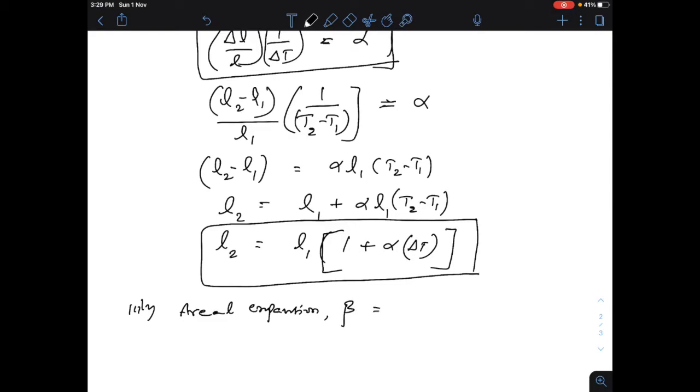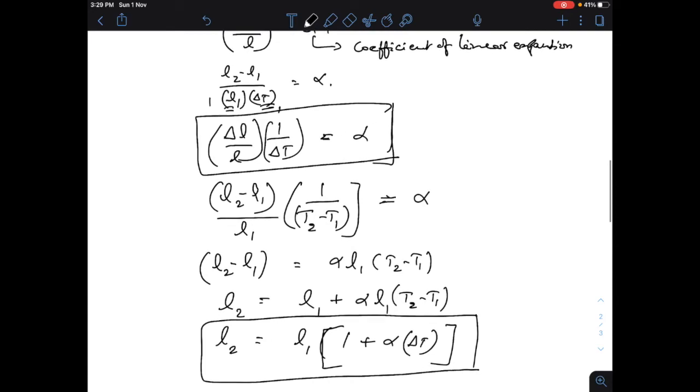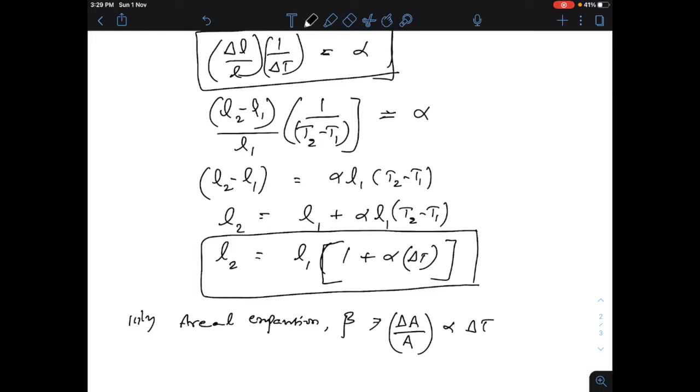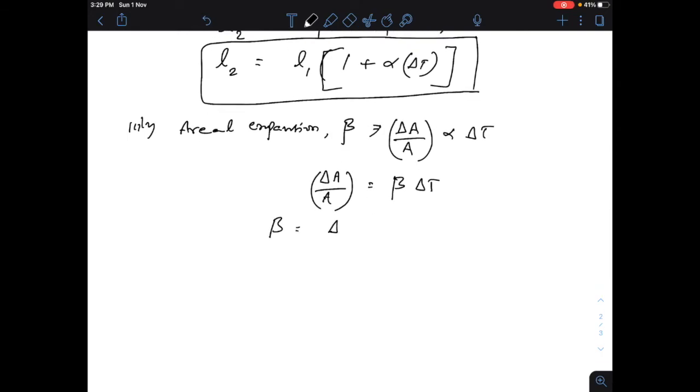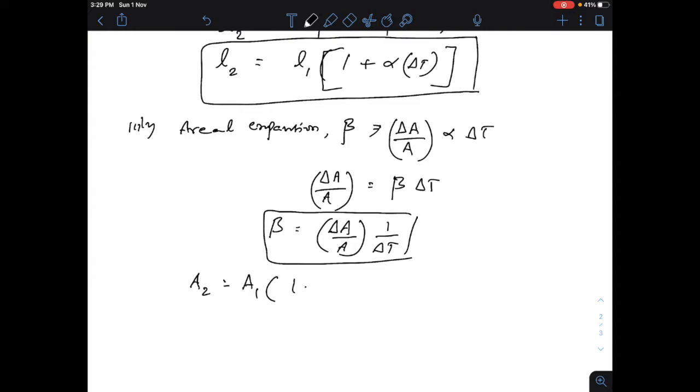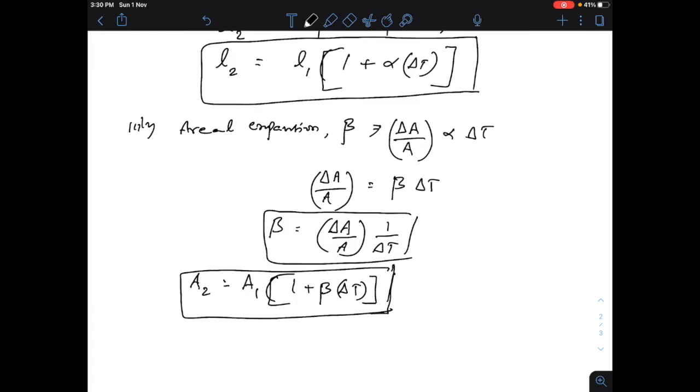On similar definitions, here the change in area, delta A by area, that is the fractional change in area, is proportional to delta T. So delta A by A is equal to beta delta T, or I can write beta is equal to delta A by A into 1 by delta T. In terms of area, we can write A2 is equal to A1 into 1 plus beta delta T, where A2 is the changed area.